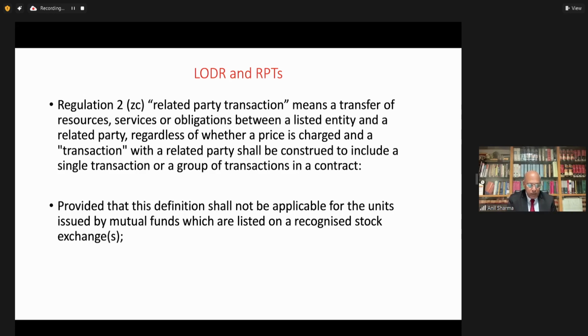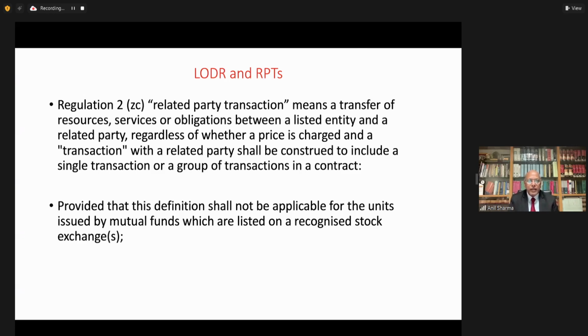So first of all, those regulations define related party transaction again. If you look at the definition there, it says that a related party transaction means a transfer of resources, services, or obligations between a listed entity and a related party, regardless of whether a price is charged, and a transaction with a related party shall be construed to include a single transaction or a group of transactions in a contract.